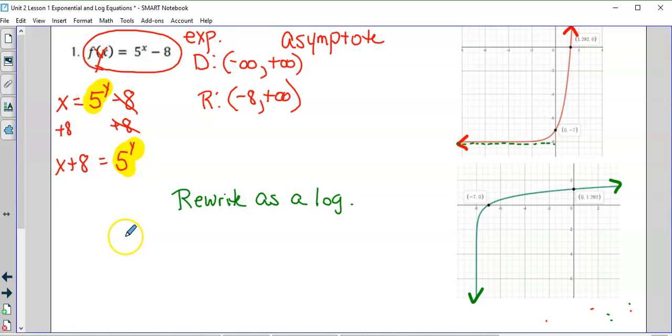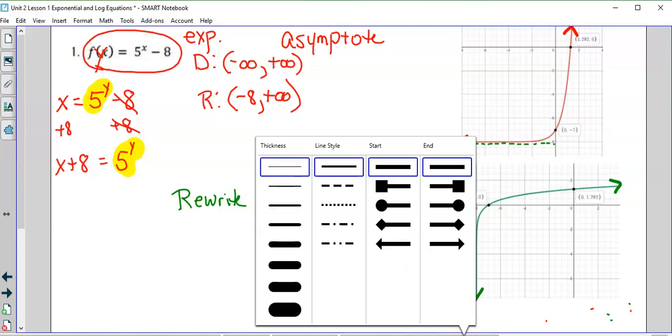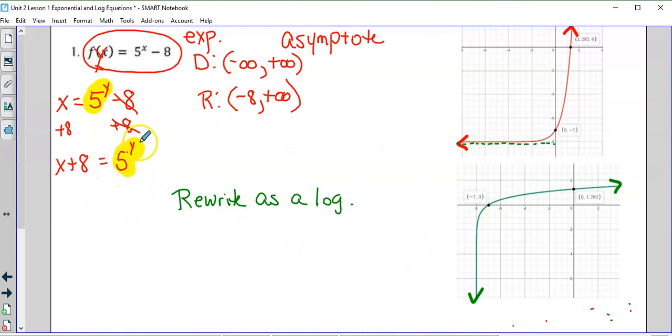Now I'm going to rewrite it as a log. But for me, I like to turn this thing around first. You don't have to, but I like for my y to be on the left, so I'm going to rewrite it like this. 5 to the y equals x plus 8. So all I did was I flipped. I moved this over here and I moved this over here. And that's fine. Now what I want to do is rewrite it as a log.